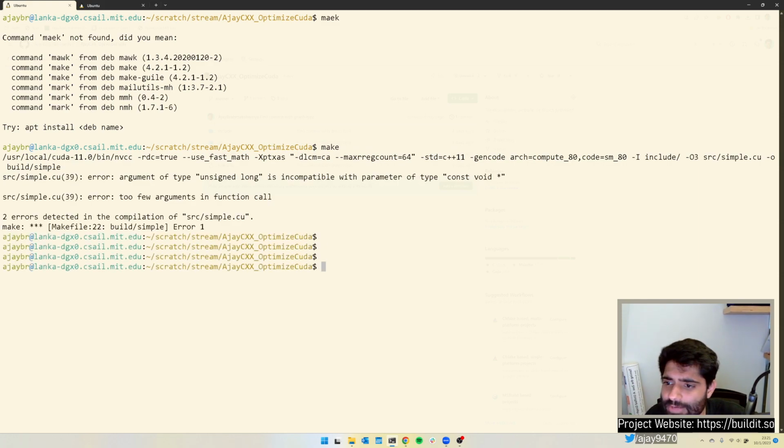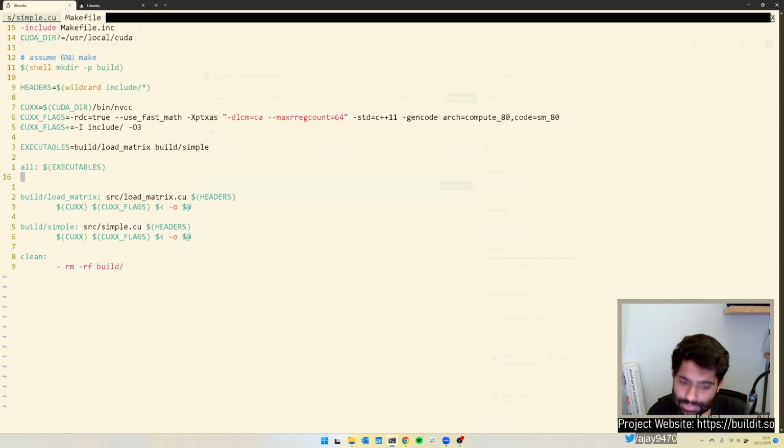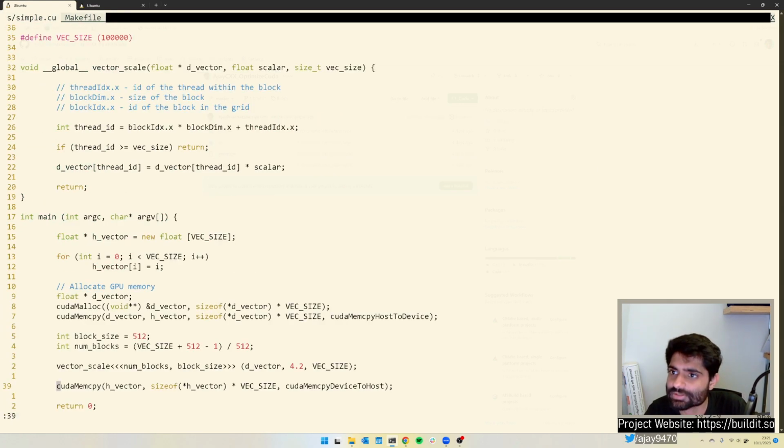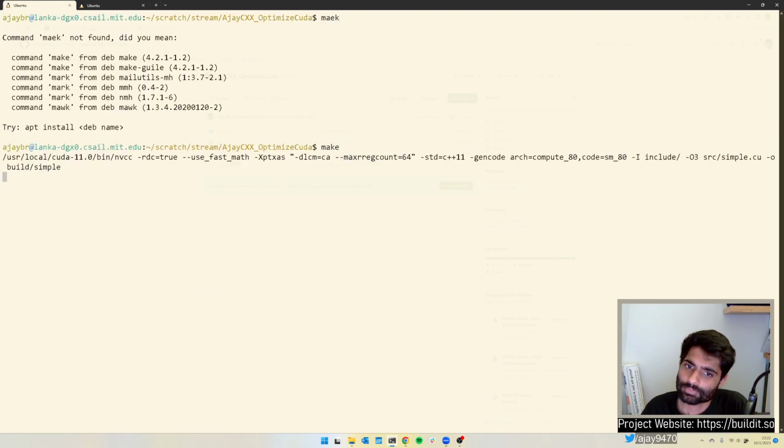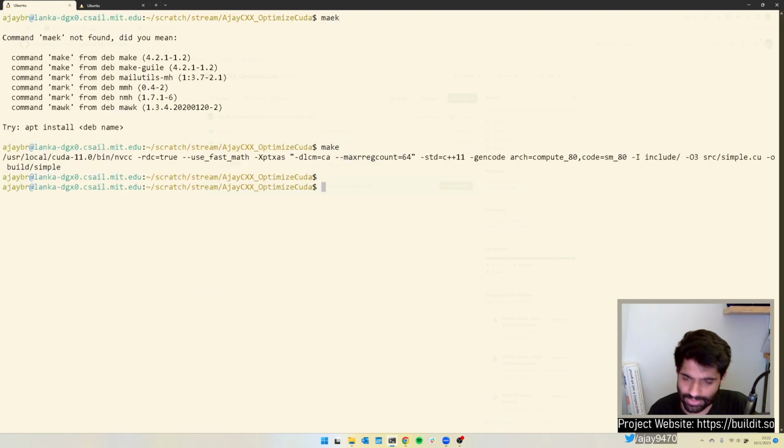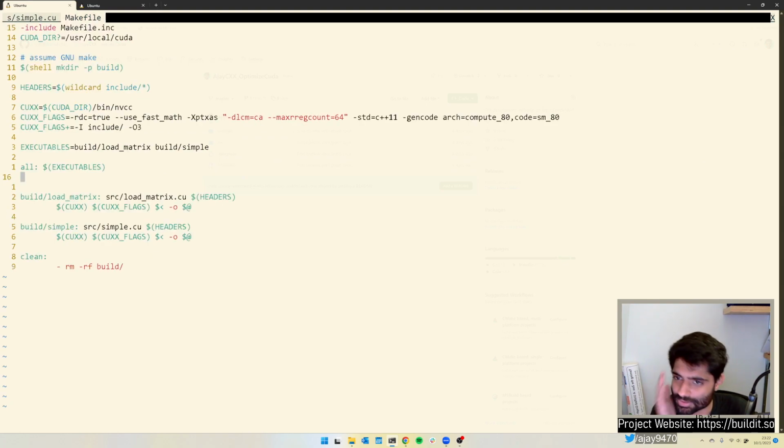So we have some typecast error on line 39. What did I miss? I forgot the host pointer, what to copy from. And there we go.